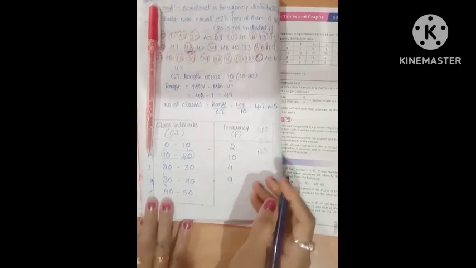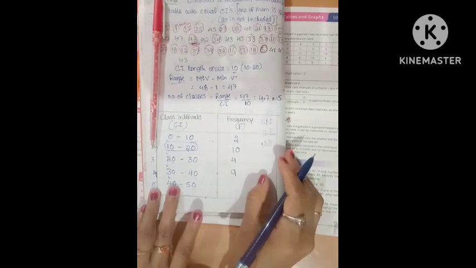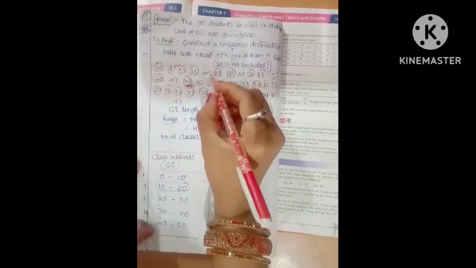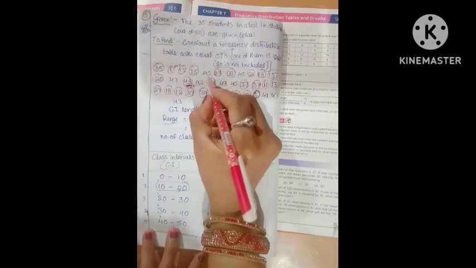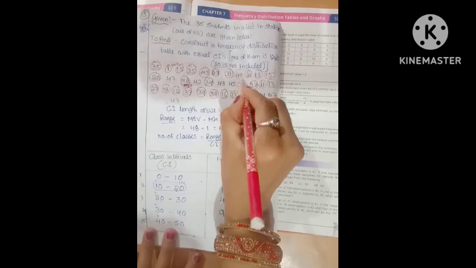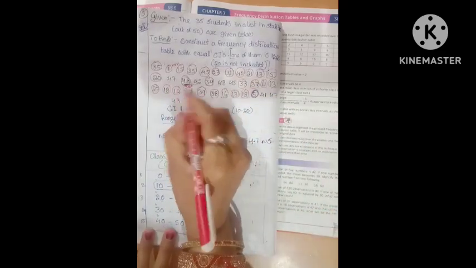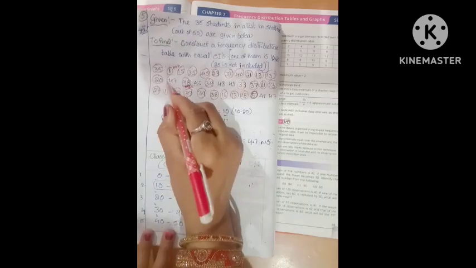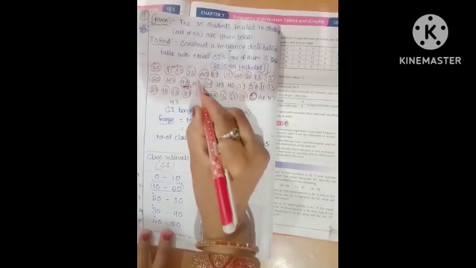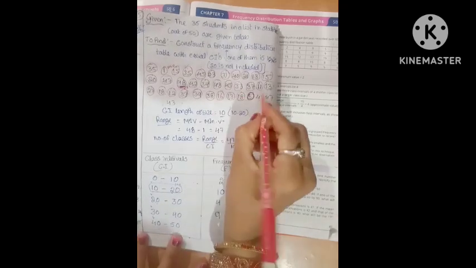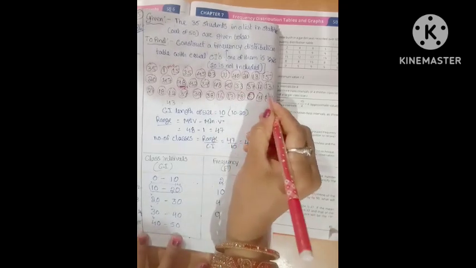Next, the fifth and last class interval, 40 to 50. What is the frequency? Count them: 1, 2, 3, 4, 5, 6, 7, 8, 9.